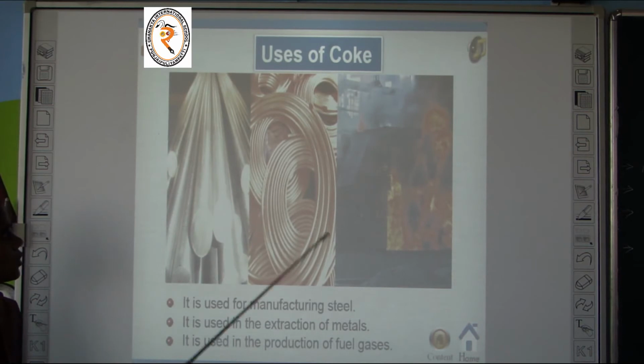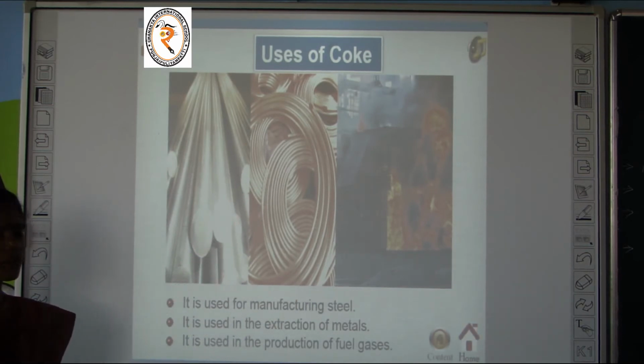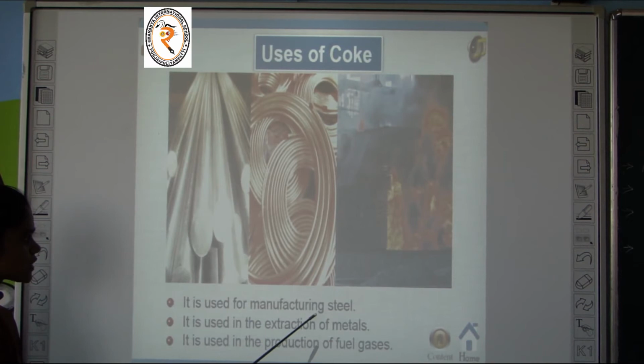The next product of coal is coke. What are the uses of coke? It is used for manufacturing steel.